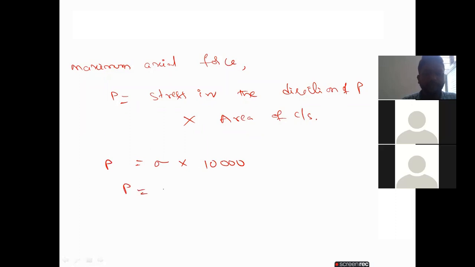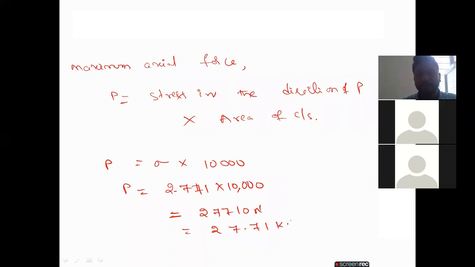P equals 2.771 into 10,000. The answer is 27,710 newtons, which is 27.71 kilonewton.